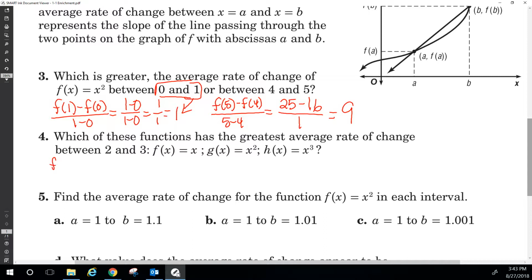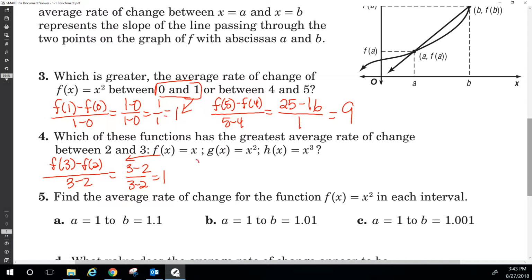So f of 3 minus f of 2 over 3 minus 2. So we're talking about this function here. f of 3 would be 3, f of 2 would be 2, over 3 minus 2. That rate of change is just going to be 1.